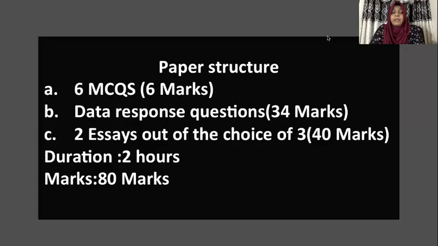You will also be given 2 essays out of the choice of 3 in section C, which is 40 marks. That means each essay will be given 20 marks. The duration for this paper is 2 hours and the marks allocated for this paper is 80 marks. So that means you have an extra 15 minutes compared to the other units that you have studied so far.